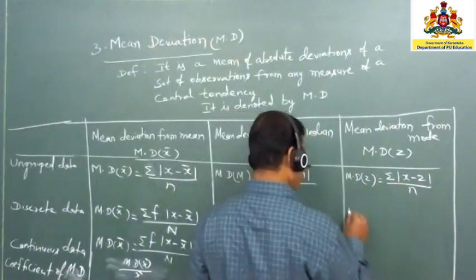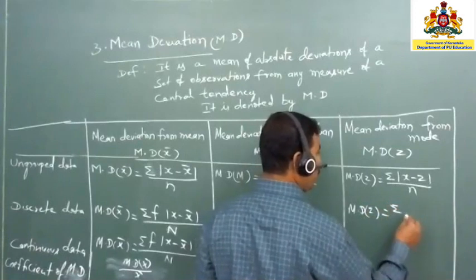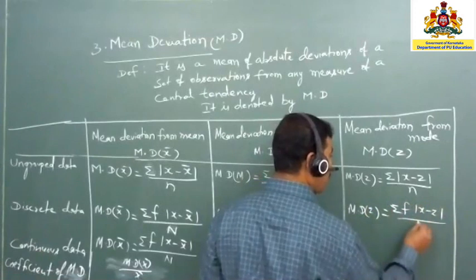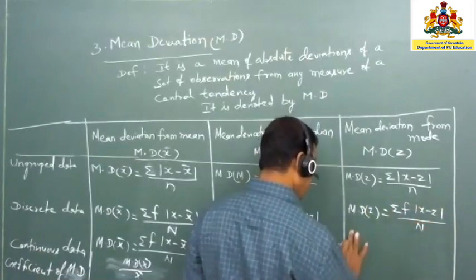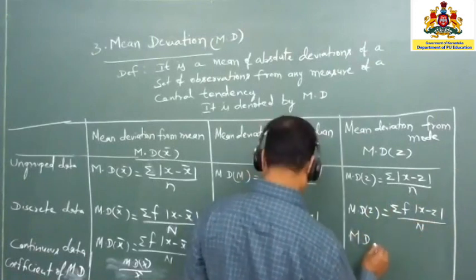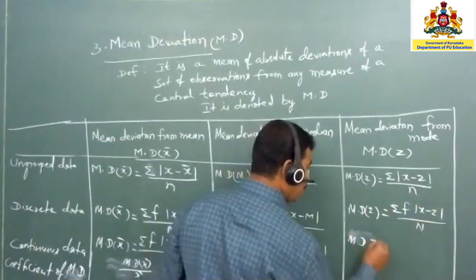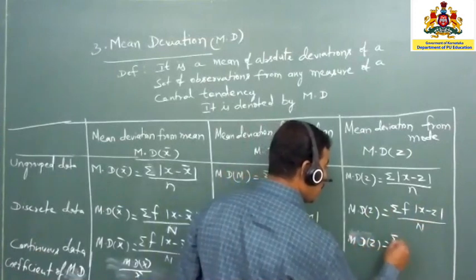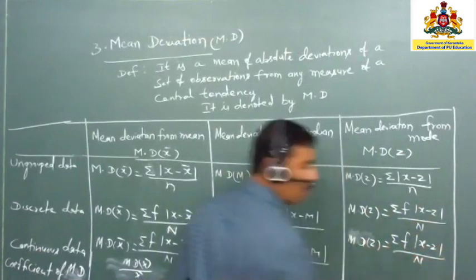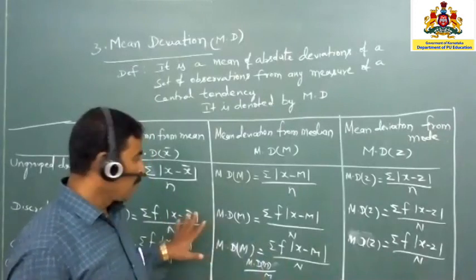Mean deviation from mode for discrete data: summation f into modulus of x minus Z by capital N. Mean deviation from mode for continuous data is the same formula. Here mode and median values are calculated, mean values are calculated for the respective data.